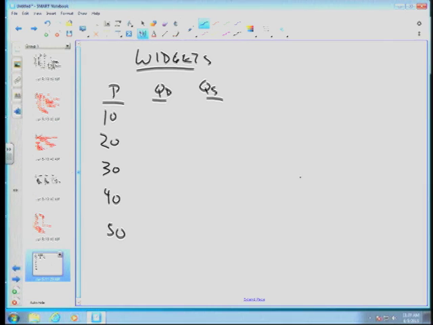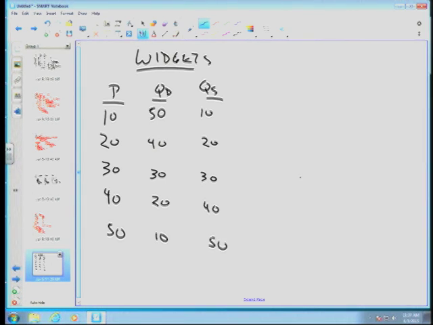Quantity demanded at a price, we'll say, I might as well do it the opposite, 50, 40, 30, 20, and 10. And then quantity supplied, just the opposite. As price increases, quantity supplied will increase. Okay? So we get 10, 20, 30, 40, and 50.